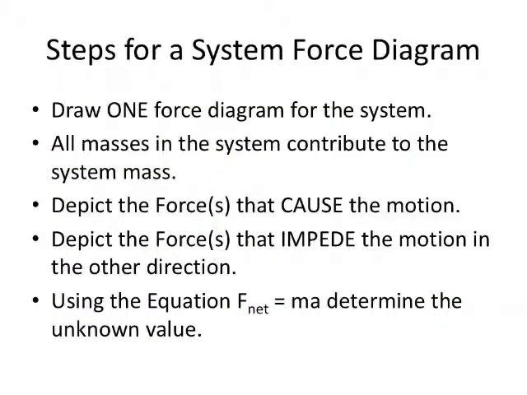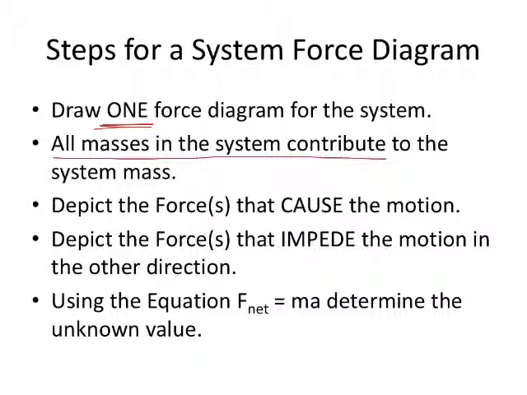So when we need to draw a force diagram for a system, we don't draw the forces separately for the two masses. We combine them into one single diagram. So there's only one force diagram. In the center of the force diagram, where we write our mass, all masses contribute. So mass 1 and mass 2 are in the center of the force diagram.